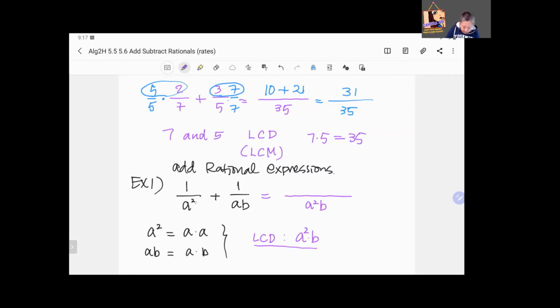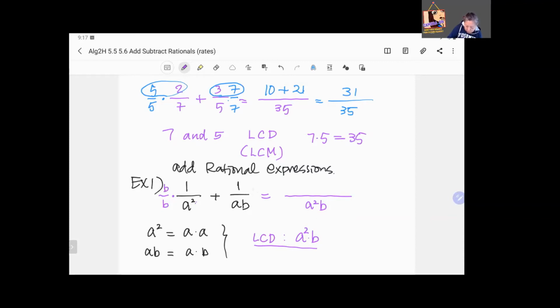Then here, just like we did manipulation for both fractions earlier, what I need to do for the first rational expression is multiply this one by b over b so that b times a squared makes a squared b, right?